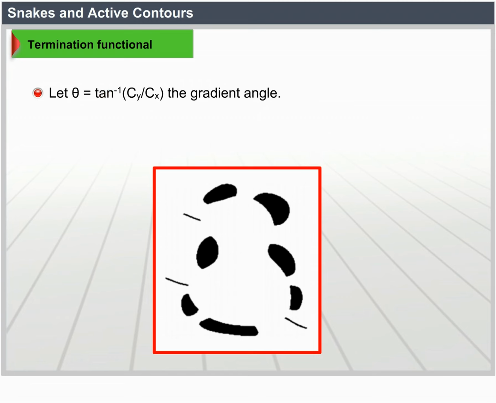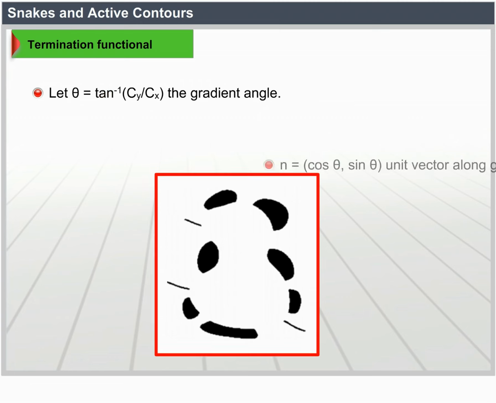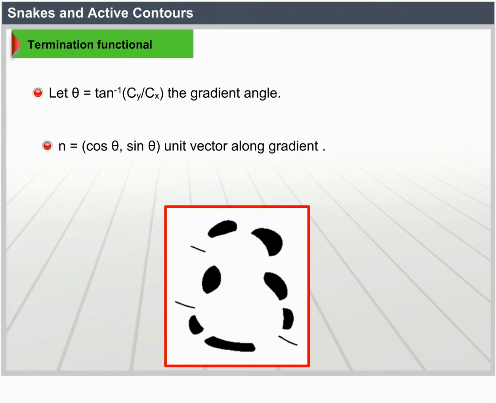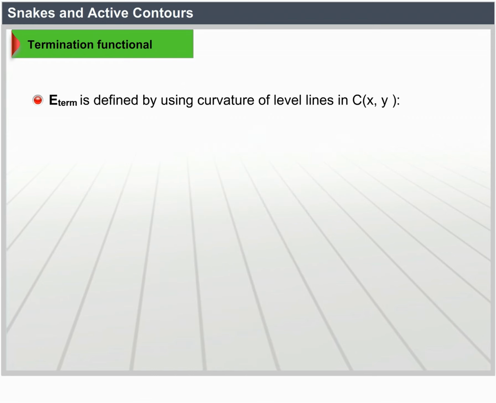N equals cos theta, sin theta, the unit vector along the gradient. N perpendicular equals minus sin theta, cos theta, perpendicular to the gradient. E term is defined using the curvature of level lines in C of x, y. The resulting E term equations can now be seen.